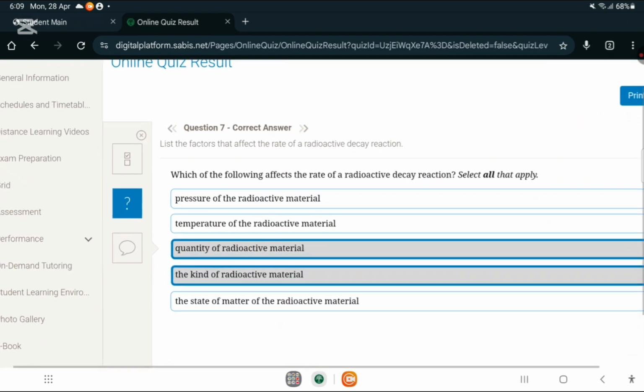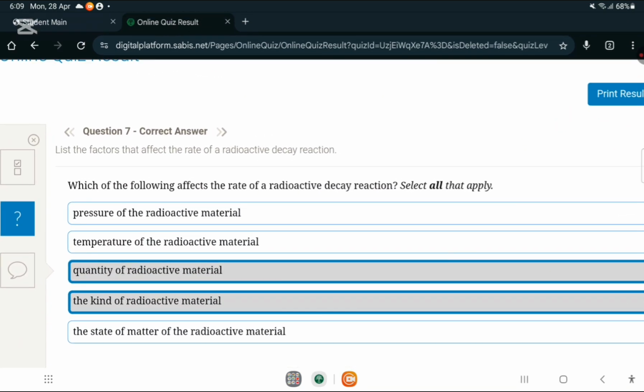And what if I have 100 grams of it? The 100 grams is going to last longer than the 50 grams, right? It affects the rate of the radioactive decay because there's still more than the 50 gram one.